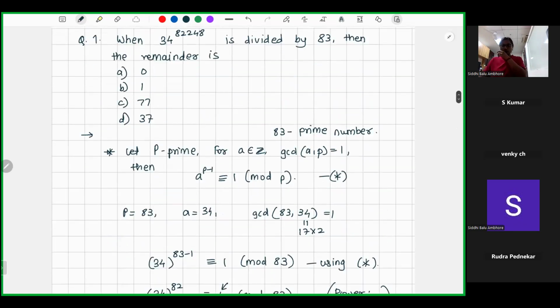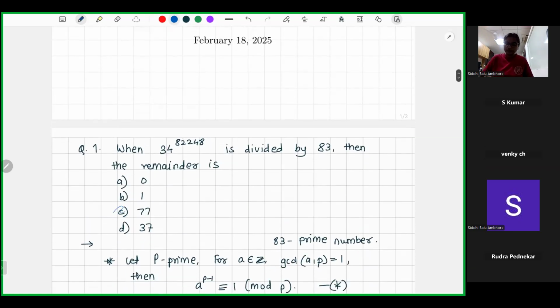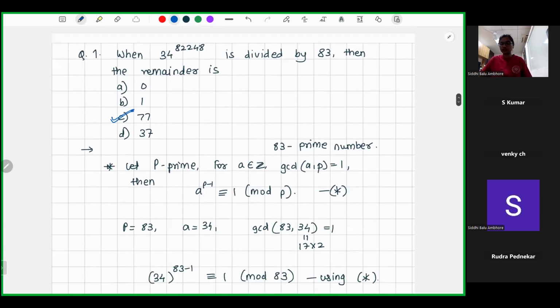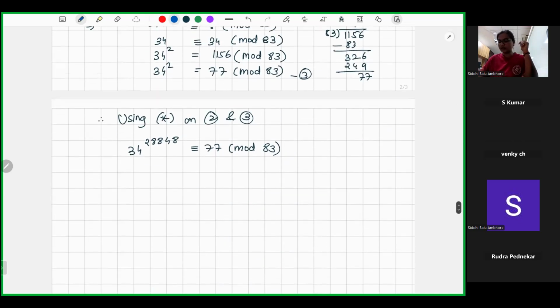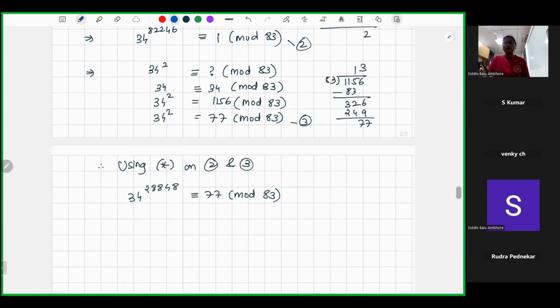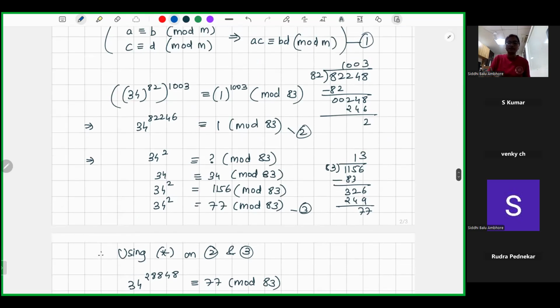Okay, so this is the correct answer. We just calculated it. Is there any doubt here? Please be careful with the way you are multiplying, where the power is getting multiplied, where it is getting added, and so on.